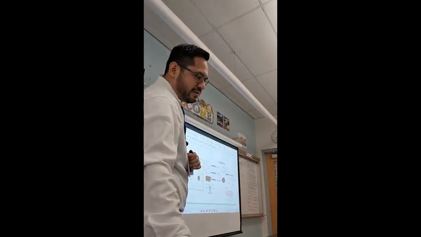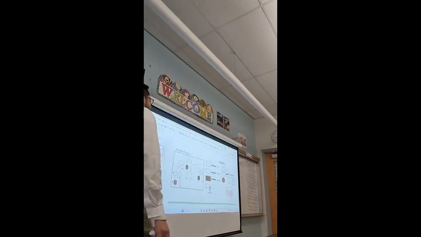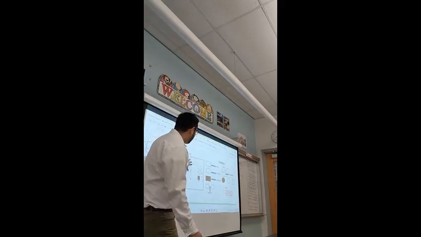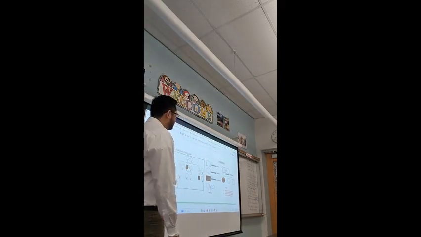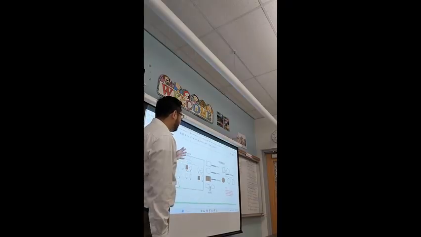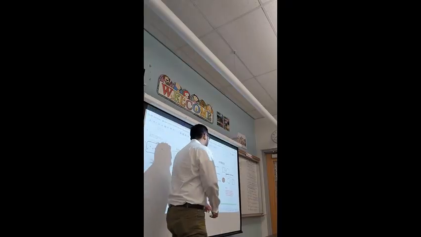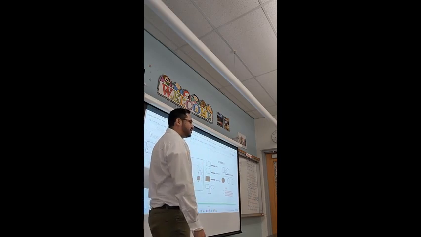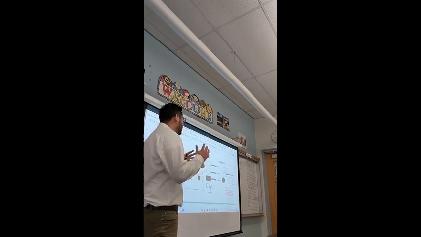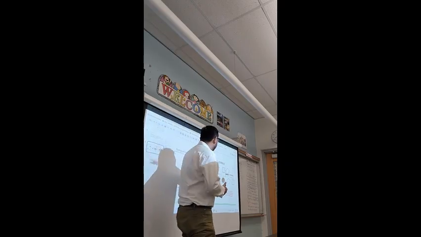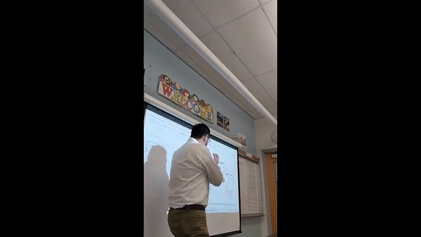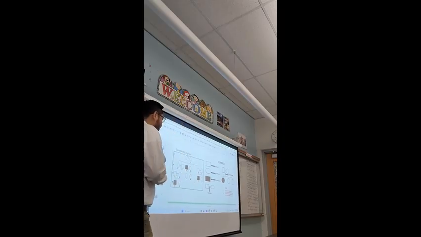So in here this is how pedigrees are written. This is a simple pedigree that we would look at. There's a lot of symbols, but I think these are the main symbols here. Every time you see a square shape, that means you're looking at a male. Every time you see a circle, you're looking at a female.